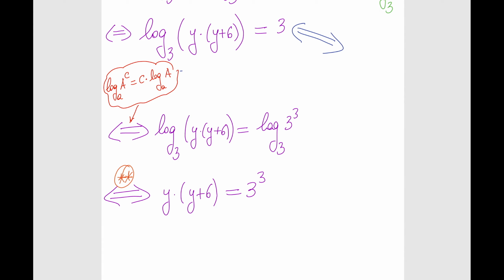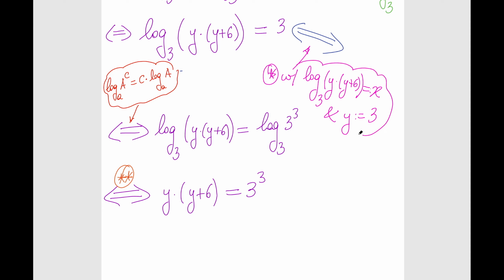Okay, so I'm going to apply this. I'm going to be very clear here. I'm going to apply asterisk with log base 3 of y times y plus 6 as the x of the asterisk, and the y of the asterisk I want to give the role of 3.